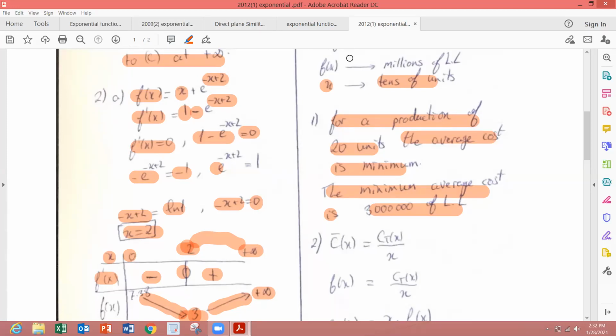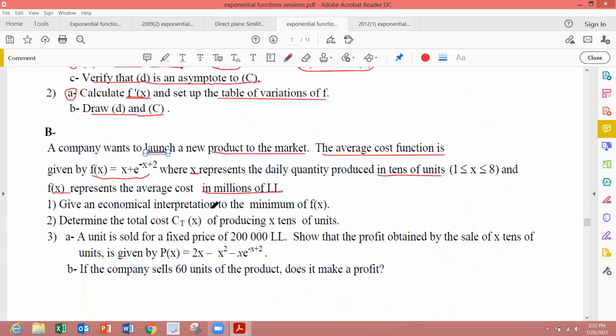It is done? Yes. Determine the total cost. How do we find the total cost for producing x tens of units? C bar of x equals CT(x) over x.